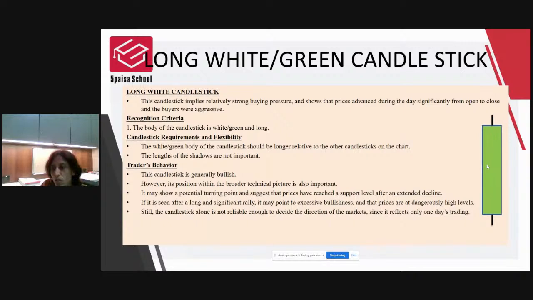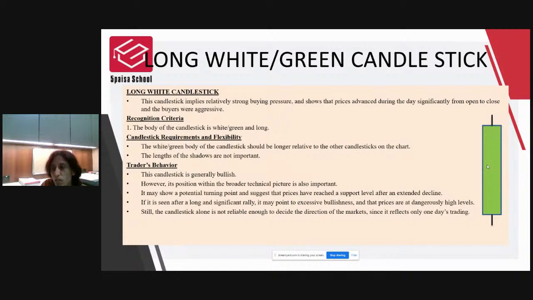With this kind of positivity making rounds in the market, you then get to see this kind of long white candlestick, which shows the buying pressure existing in the market. Usually in this case, the closing price will be much, much higher than the opening price, indicating that the buyers are very aggressive and very, very optimistic.